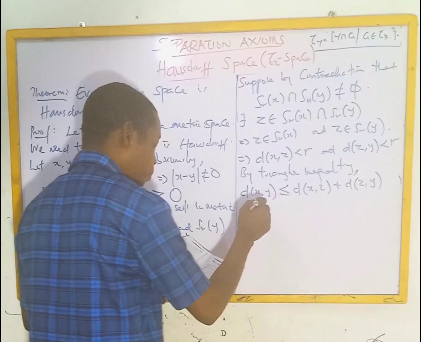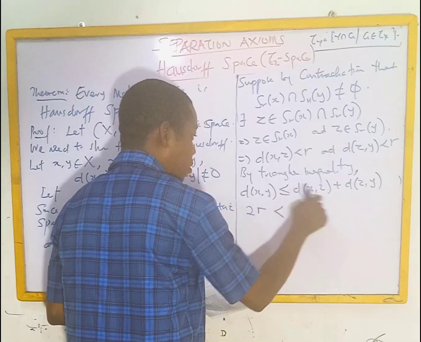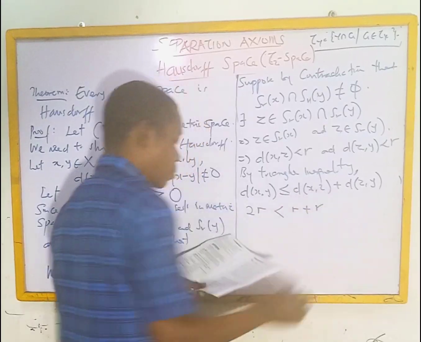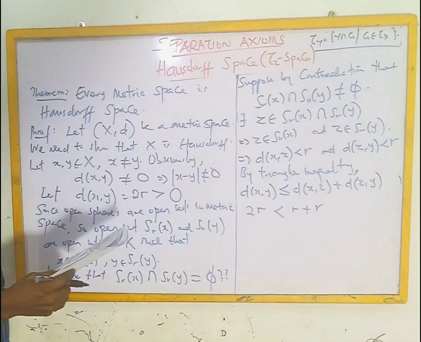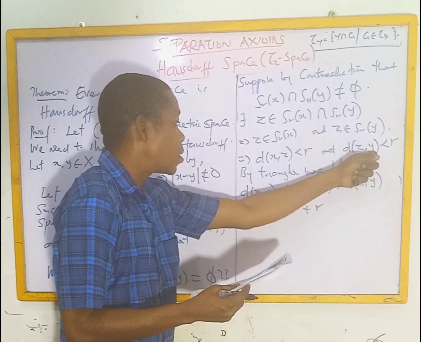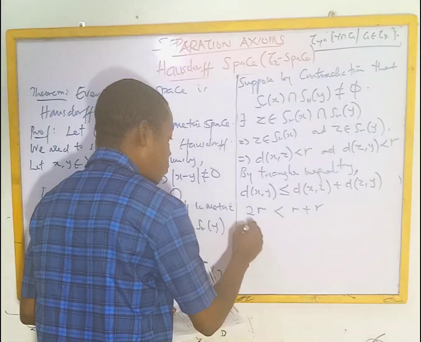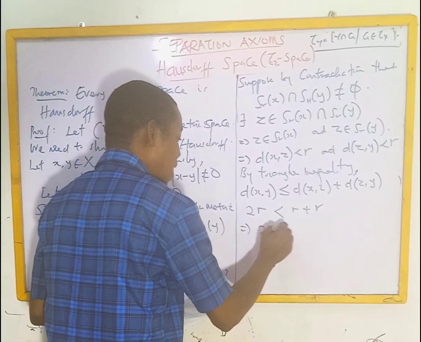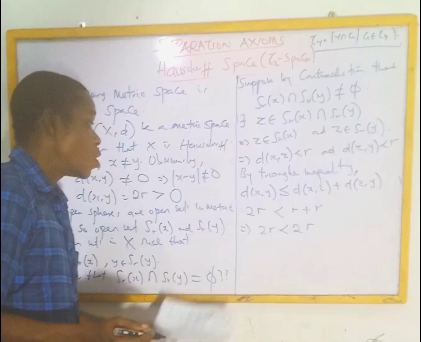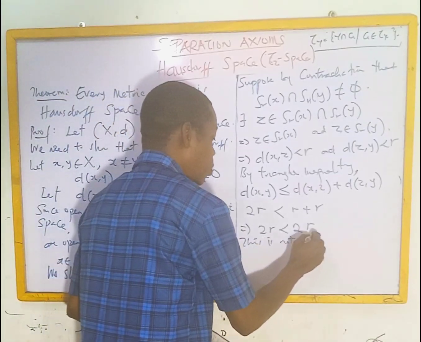So we have 2r less than r plus r, because d(z, y) is less than r. Which implies that 2r is less than 2r. Is it possible? This is not possible.